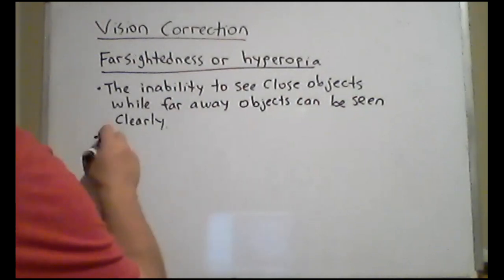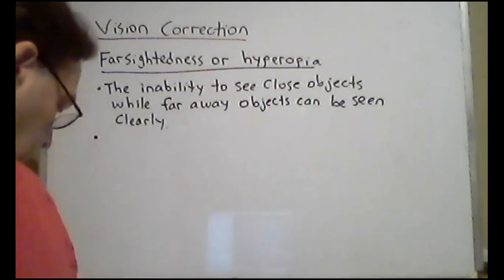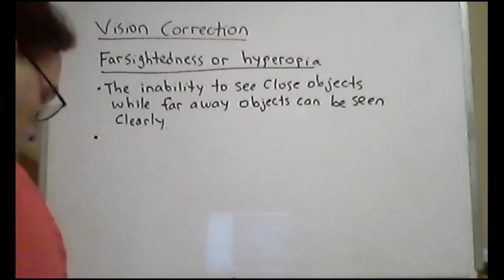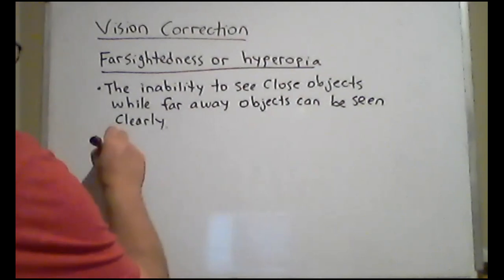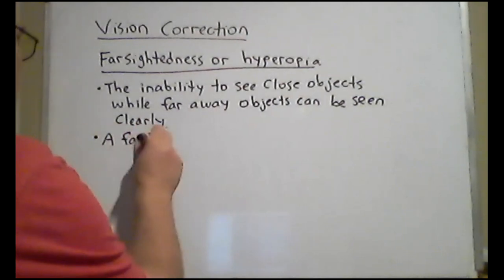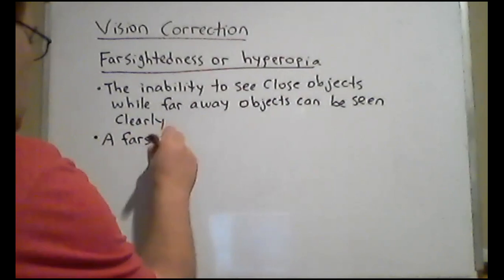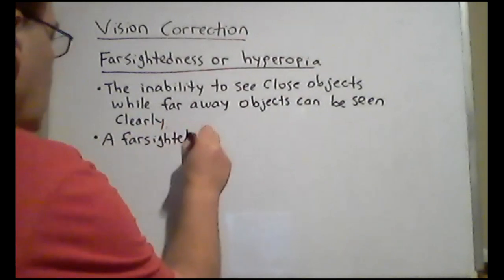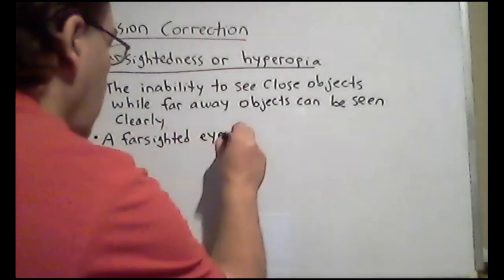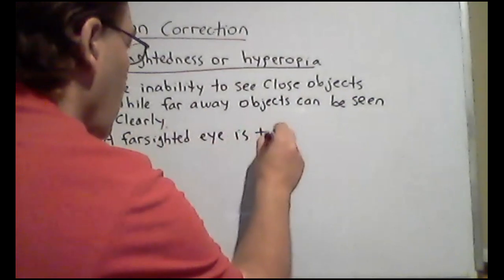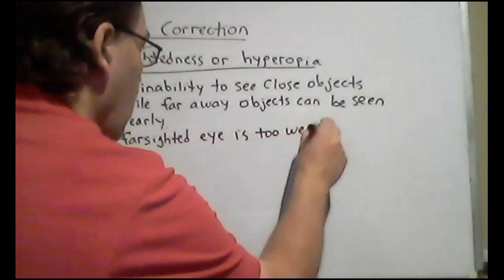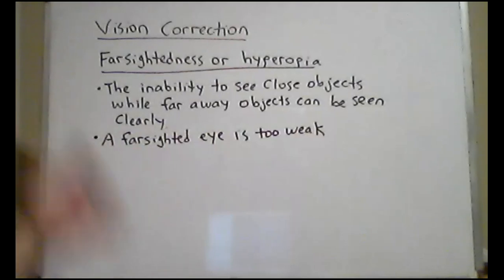Essentially, a far-sighted eye is too weak. Again, a nearsighted eye is too powerful.